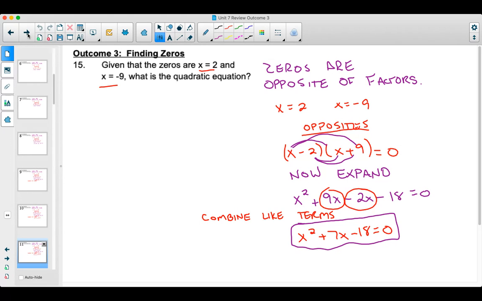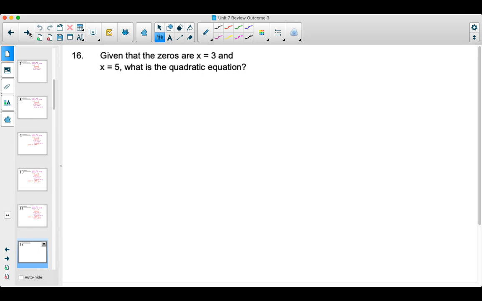Given that the zeros are x equals 3 and x equals 5, what is the quadratic equation? Again, we want to do the opposites of those. So I have x minus 3 in one parentheses and x minus 5 in the other. We put that equal to 0 because we're finding zeros. Now we expand using the distributive property.